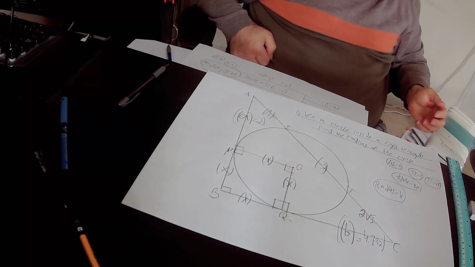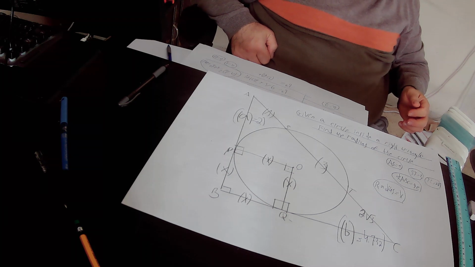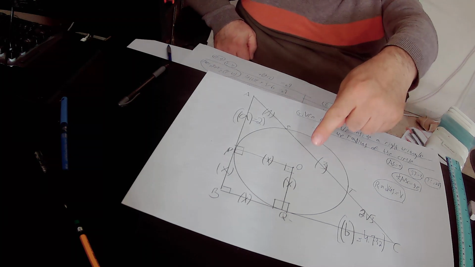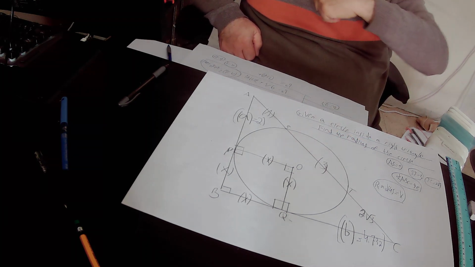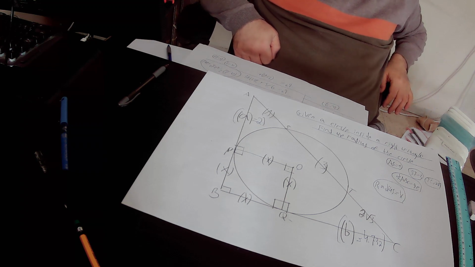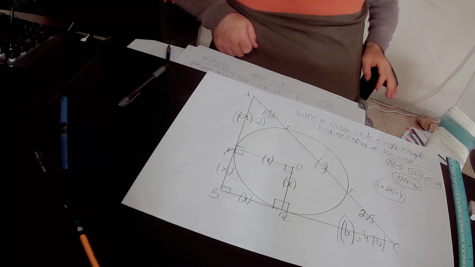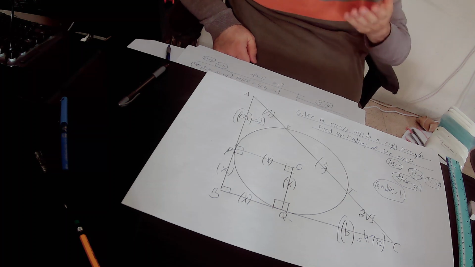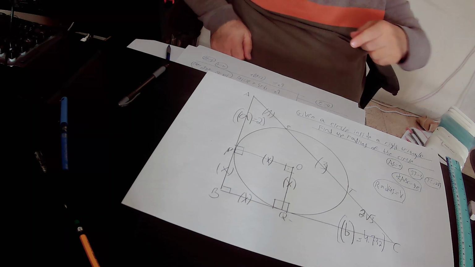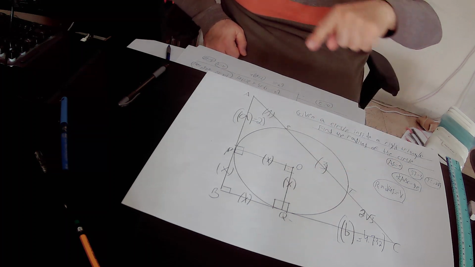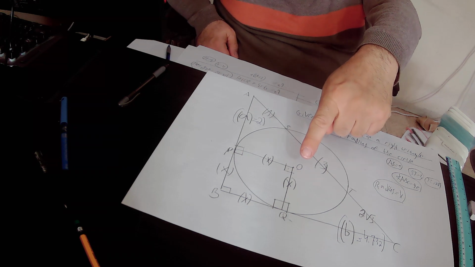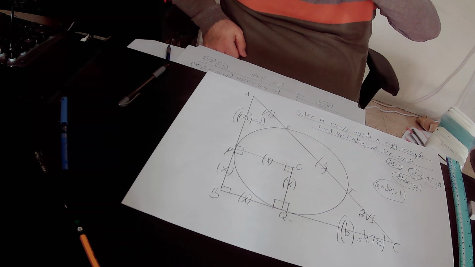What is the definition of line segment OQ? Line segment OQ starts from point O, the center of the circle, and ends at point Q, a point on the circle itself. So this is exactly the definition of a radius. Therefore, OQ is the radius of this circle, which equals x according to our definition.